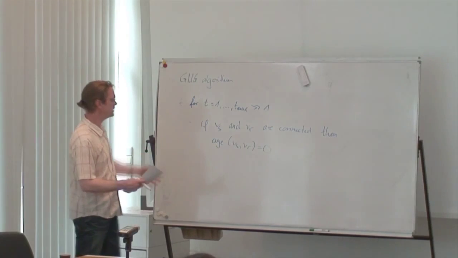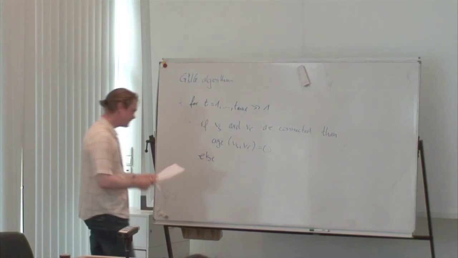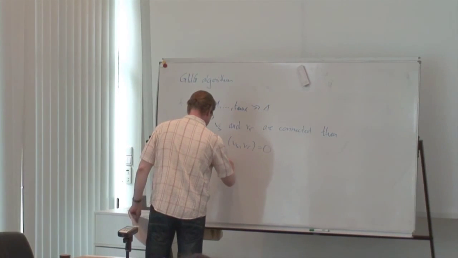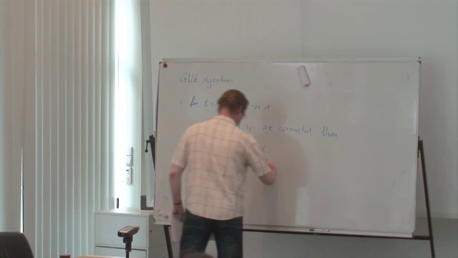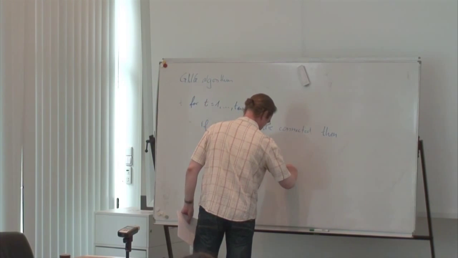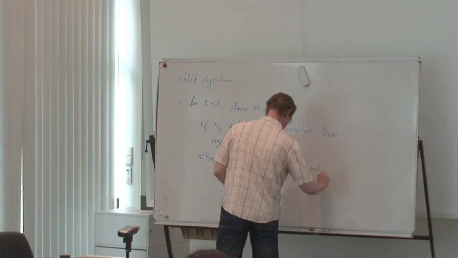This is on purpose. If they are not connected, so else, we add an edge between Vs and Vr.